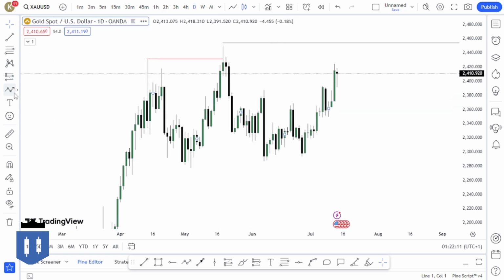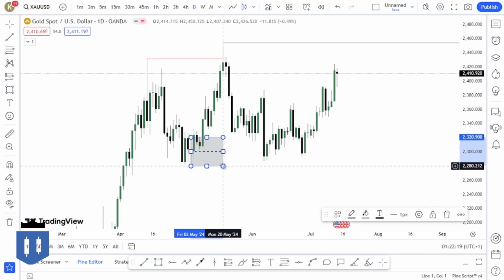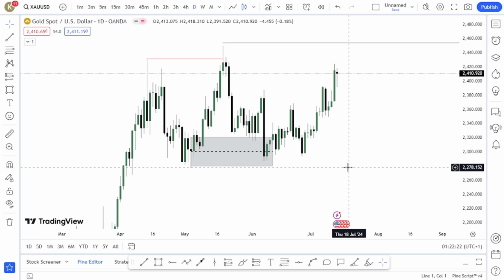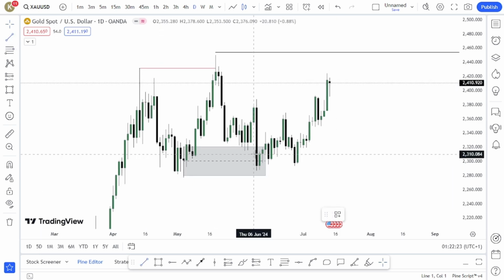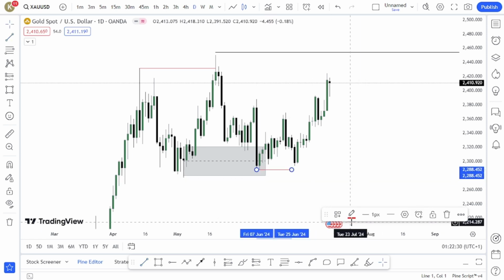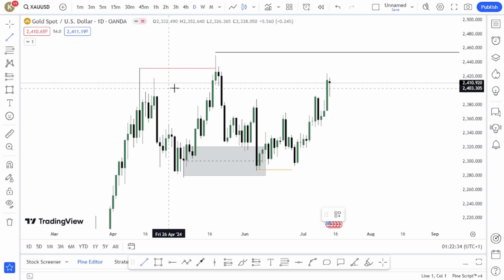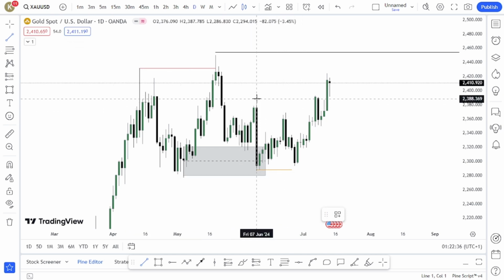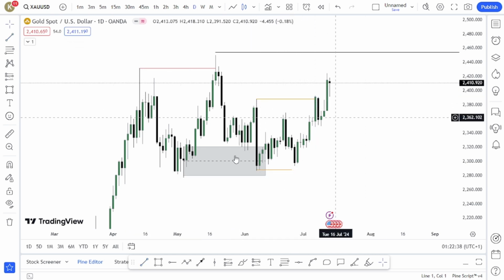So let's see the POI that price entered into. Okay, let's look at it. So there's an order block here. After price enters the order block, what happened? This is going to be your low. Okay, that's going to be your low, and then look at it.